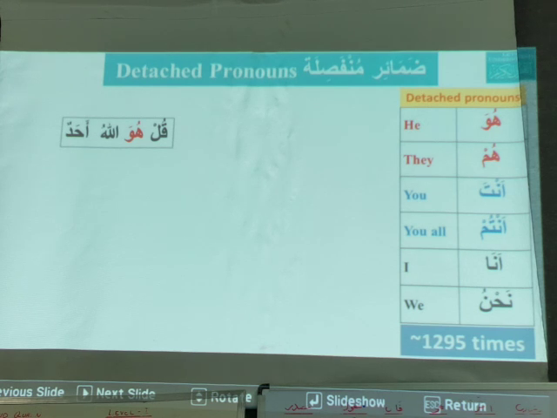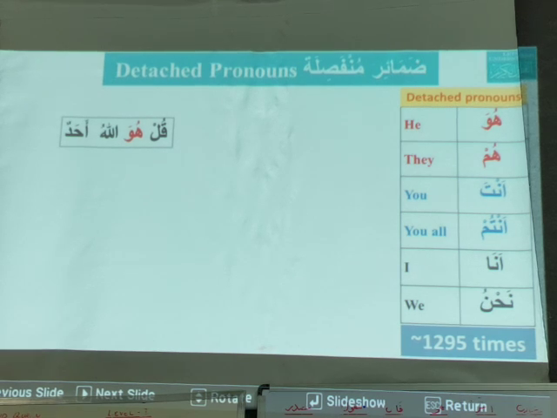Huwa is third person. So for third person singular, we will use our right hand, stretch it, and a single finger represents singular, huwa. It means huwa, he, third person singular.